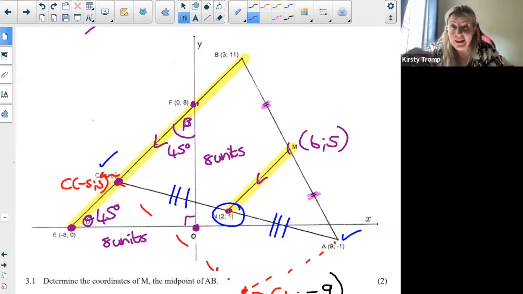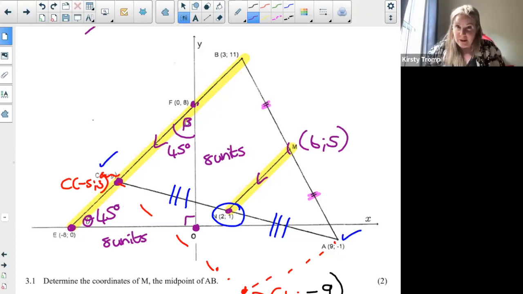Gradient is calculated by y over x. Therefore, tan is the same as gradient, because to get tan, it's y over x, and to calculate gradient, it's y over x. But instead of explaining all of that, we can just say the tan of an angle is equal to the gradient of that line. I hope that makes sense. If you signed up for our bootcamp in June, you should have access to that video, where I went through it in detail.